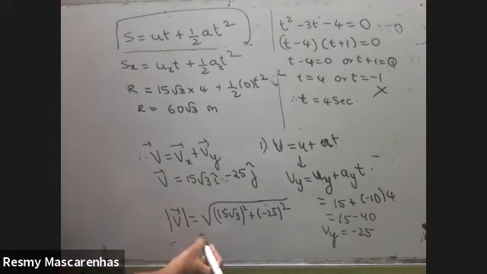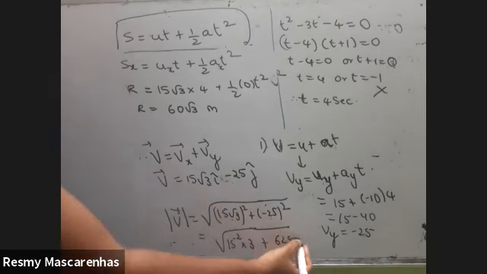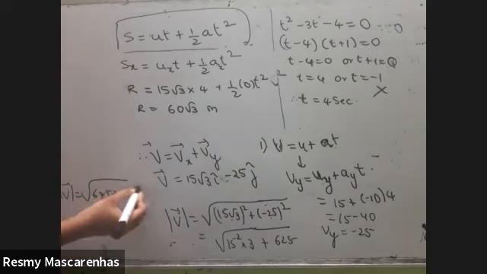So this will be 15 square into 3. Root 3 square will give you 3. This is 625. Then calculate 15 square and multiply by 3. So it will be 225 into 3. 675 plus 625.